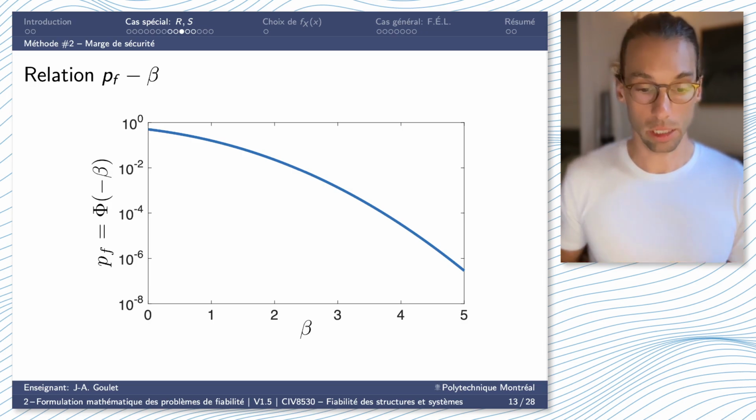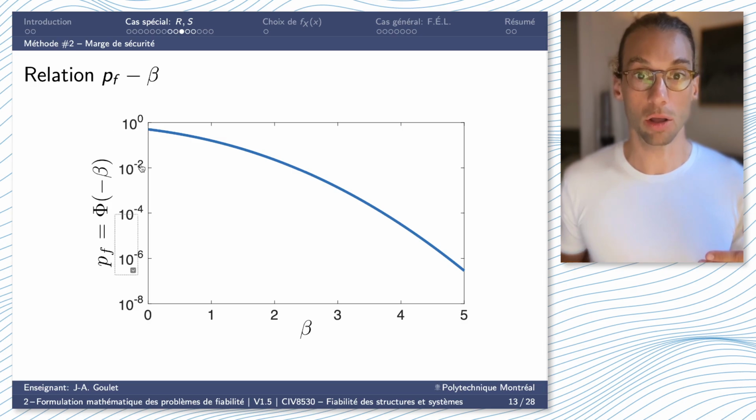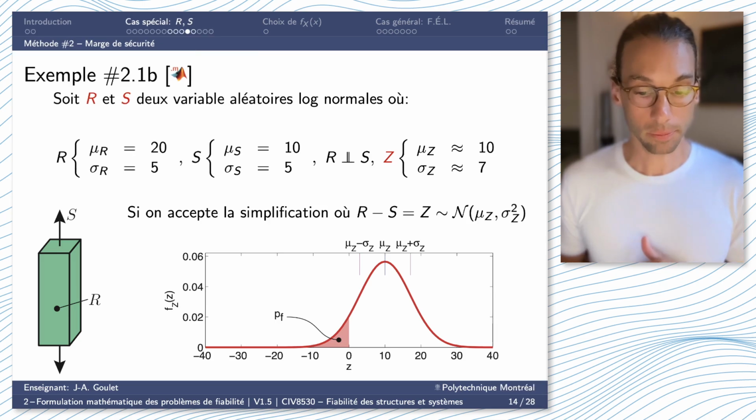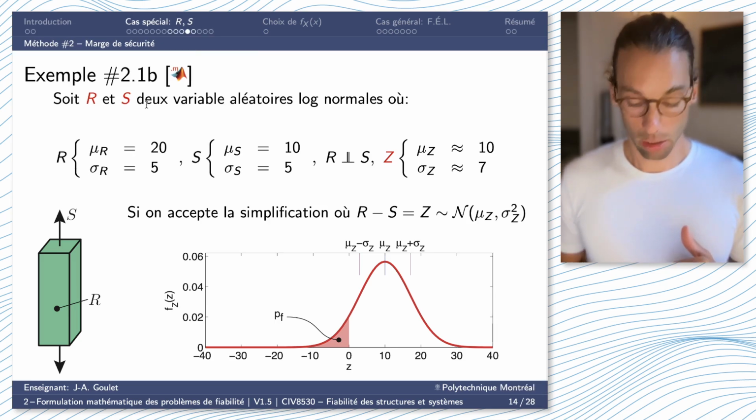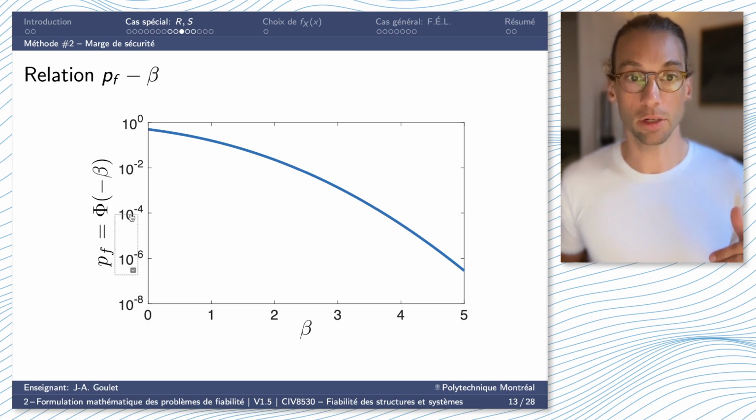Before this, let's look at the relationship between beta, my reliability index, and my probability of failure on the vertical axis. The typical reliability index for structures is around 3.5, which gives us a probability of failure of about 10 to the minus 4. If we look at a reliability index of 2, we're in the surrounding of 10 to the minus 2, 0.01 probability of failure.